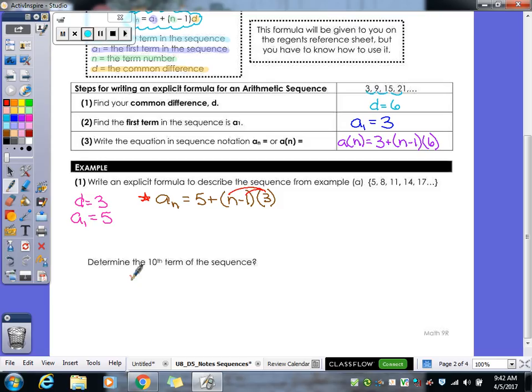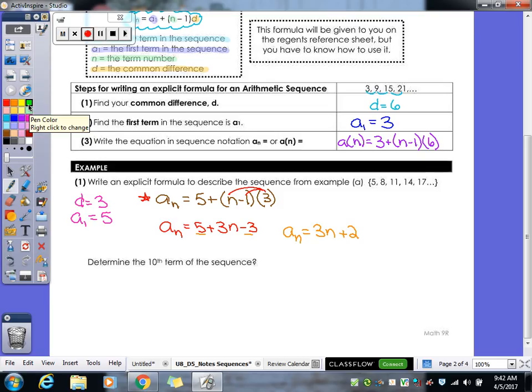So a sub n would equal 5 plus 3 times n gives us 3n, and then 3 times negative 1 gives us minus 3. And then we just need to combine our 5 and our minus 3. So a sub n would equal 3n plus 2.